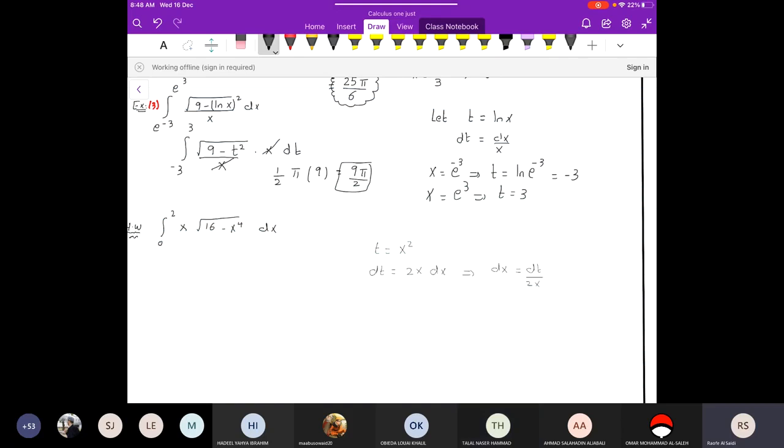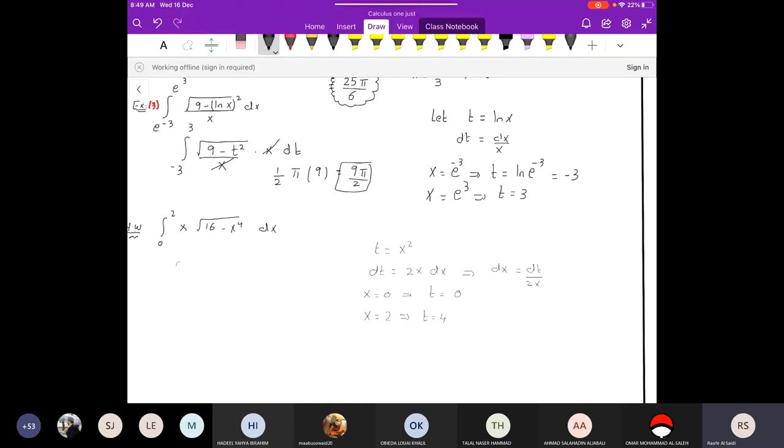Yes. Now if x equals 0, t equals 0. And if x equals 2, t equals 4, good.